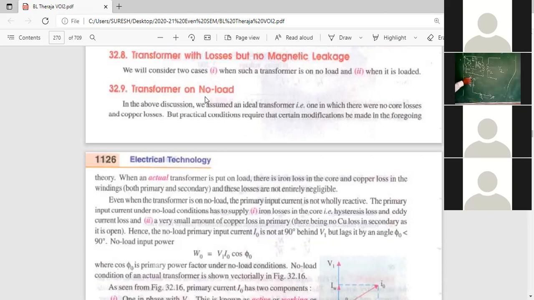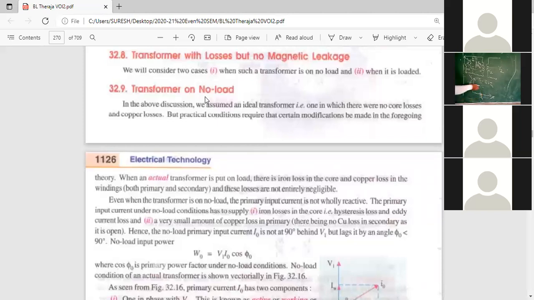In resistance, the angle in between V1 and IE is 0, but here it is 90 degrees. I0 is the resultant of IE plus IM. Now construct the parallelogram here.